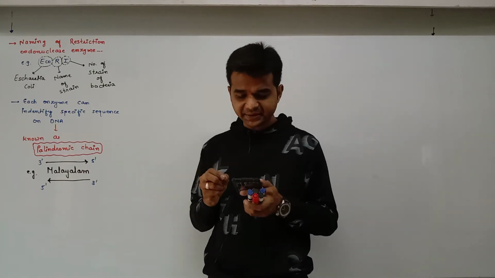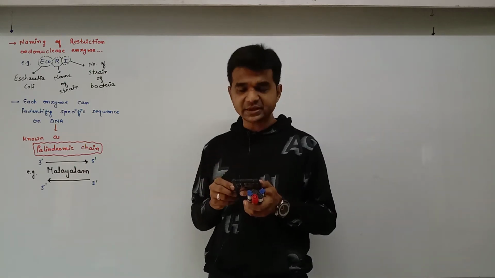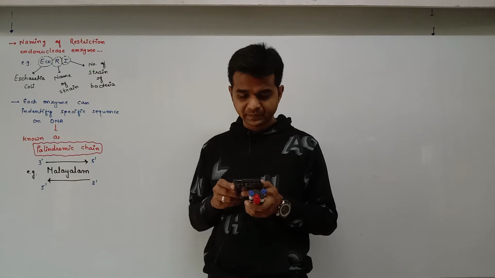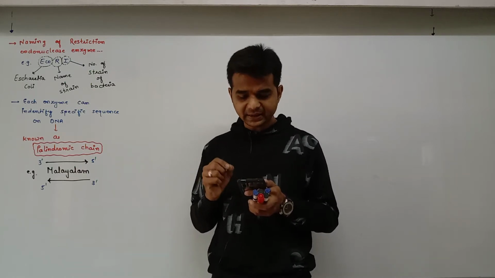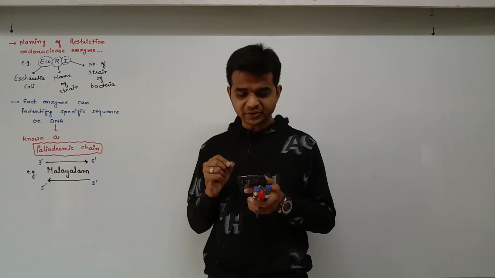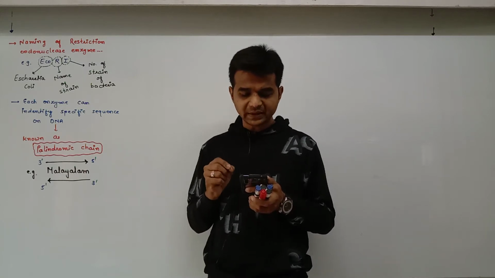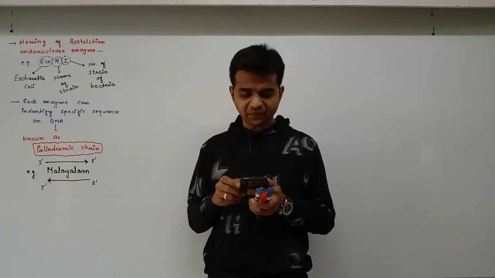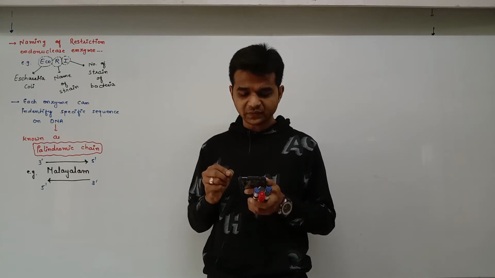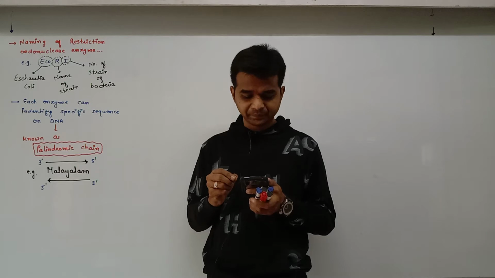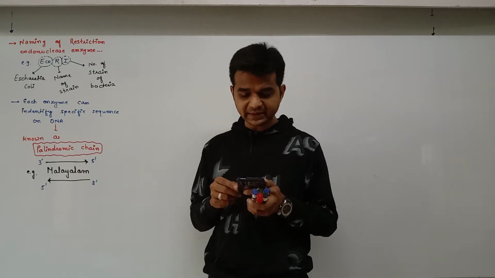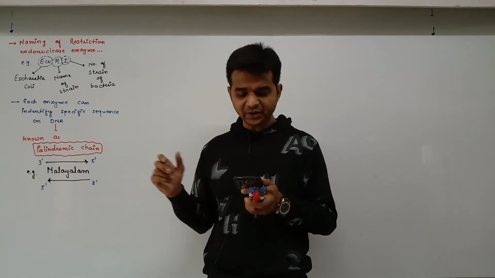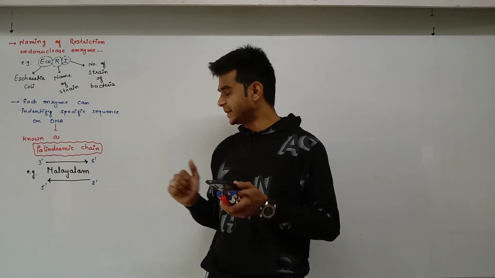Once it finds its specific recognition sequence, it will bind to DNA and cut each of the two strands of the double helix at a specific point, in the sugar phosphate backbones. The restriction endonuclease recognizes the specific palindromic nucleotide sequence here.